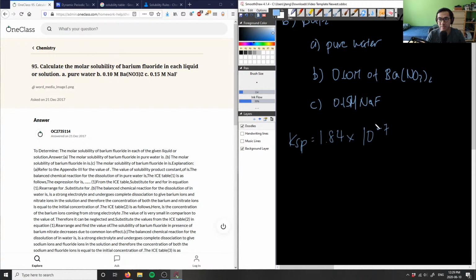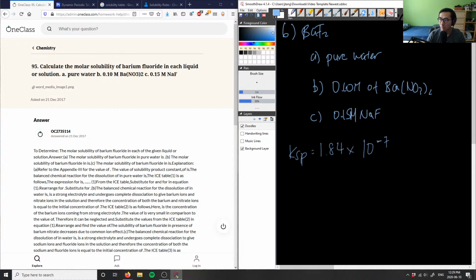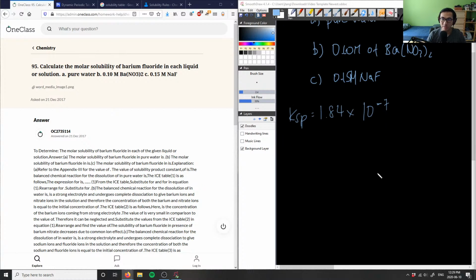So if we know our KSP and we know it's in pure water, we can simply create an ICE table, right? We have our chemical equation: BaF2 dissociates into Ba2+ plus 2F minus. Then we can write our ICE table to solve for that.